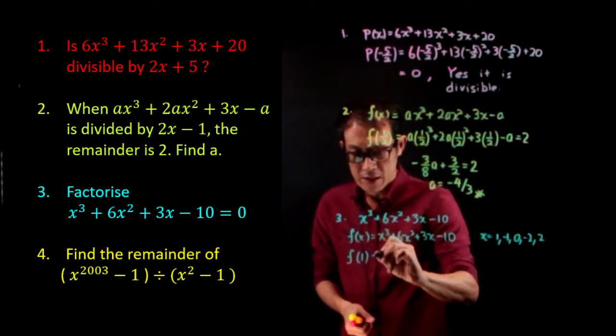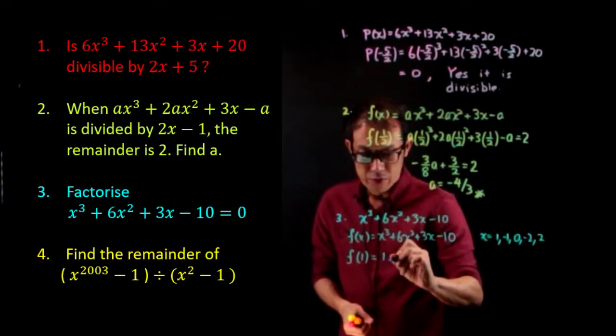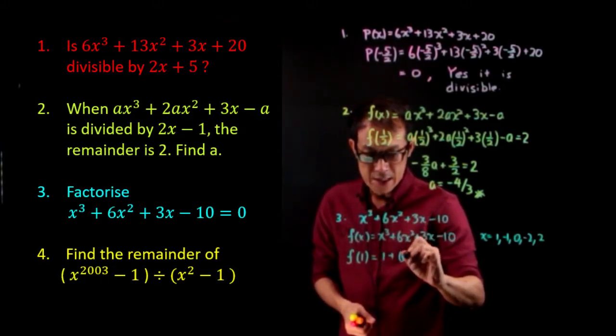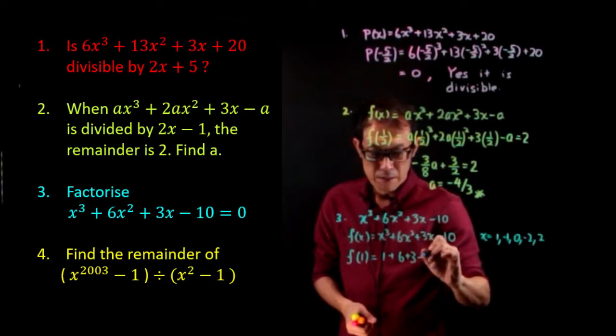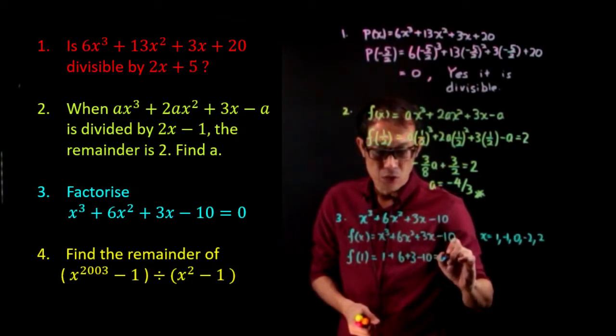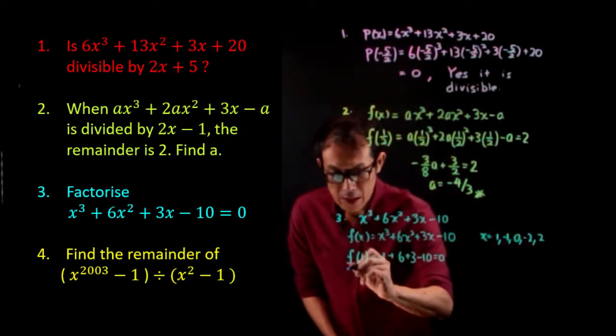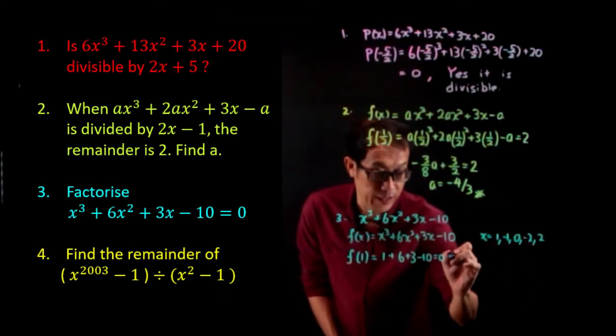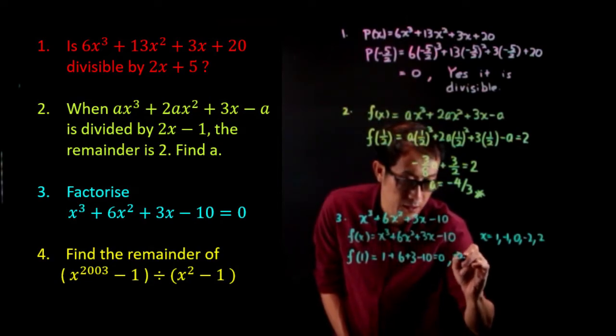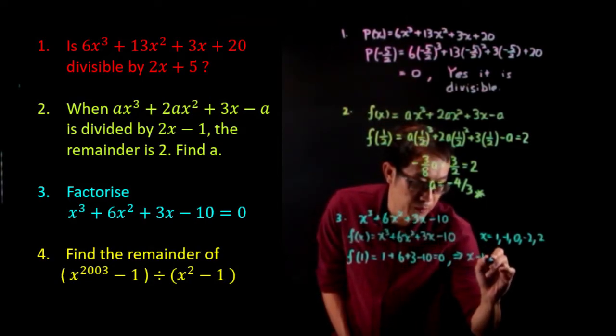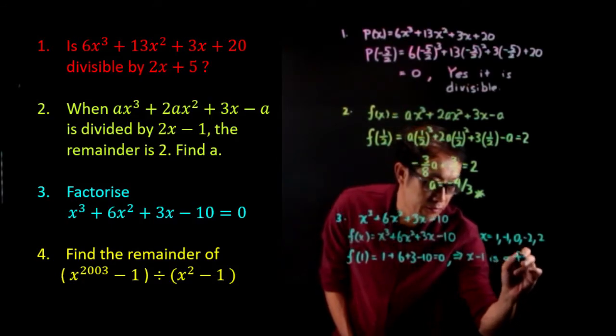F of 1. You got 1 cubed, which is 1, plus 6 plus 3 minus 10. You find that this is 0. What does this imply? According to factor theorem, it means that x minus 1 is a factor. X minus 1 is a factor.